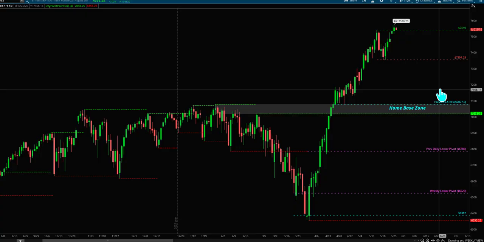I went over the bigger picture. And I really want to emphasize this because understanding what the market is doing in the bigger time frames makes it much easier for us to map out potential scenarios, map out very important levels, support zones, makes it much easier for us to navigate on smaller time frames.